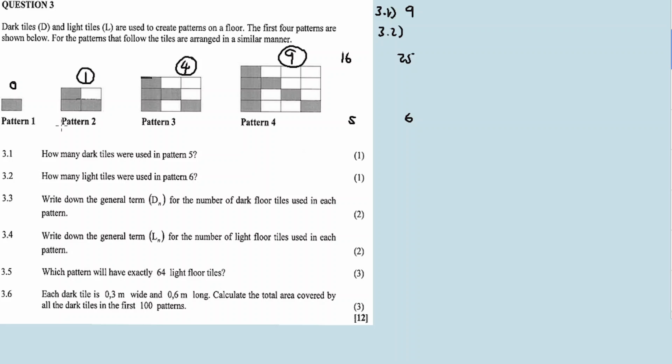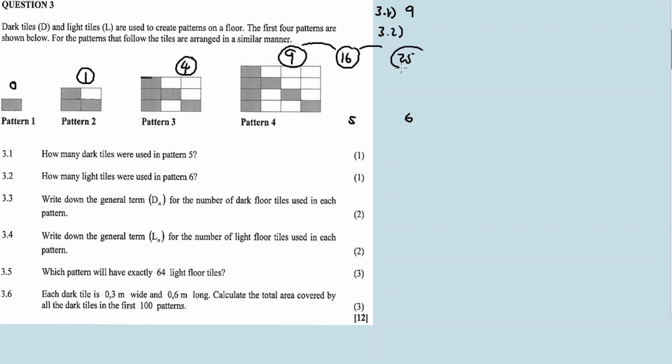So from pattern number 2 until pattern number 5, we see that these patterns are formed by perfect squares, right? 1 is a perfect square, 4 is a perfect square, 9 is a perfect square. I asked myself which perfect square follows 9? It's 16. Which other perfect square follows 16?